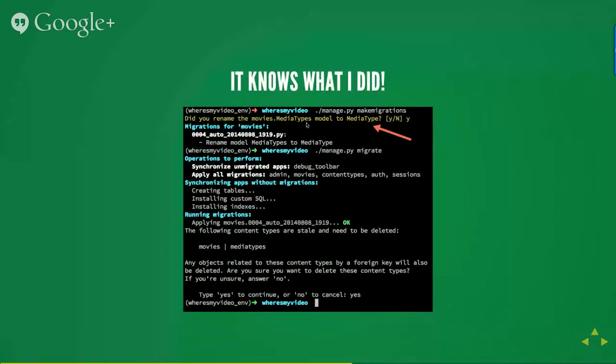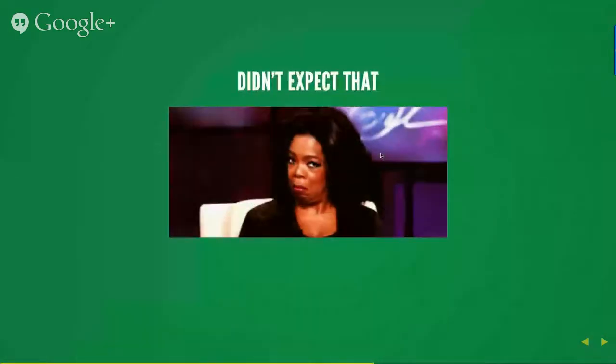It says, do you want to rename this field? I said yes. It renamed it, created the migration, and I typed migrate. You don't have to go in and edit your South migration to say, no, I'm not trying to delete one and create a new one. It just knows, it does it automatically. So I wasn't even expecting that. It was just like a bonus feature.